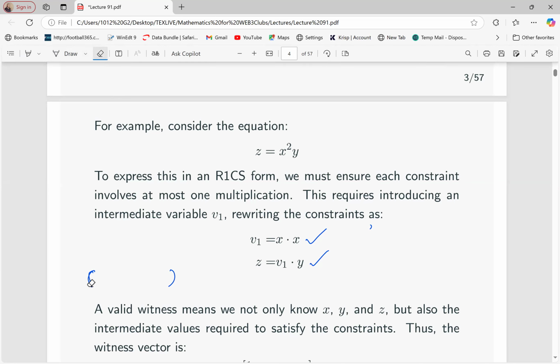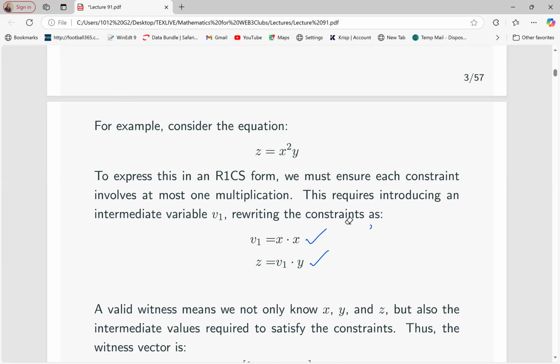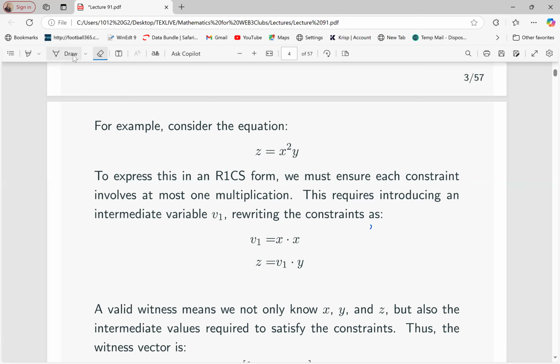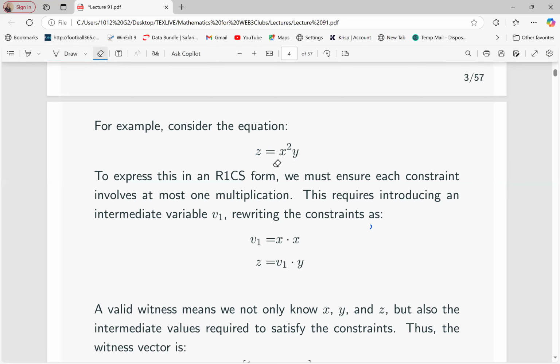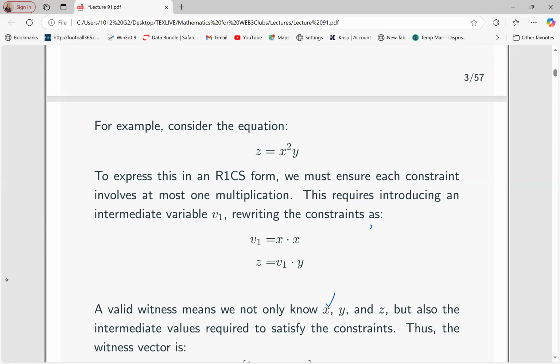Supposing somebody was to tell us that this person knows Z, and we want this person to prove that he knows Z. So what are we expecting this person to give us? We are expecting this person to give us X, to give us Y, to give us Z.